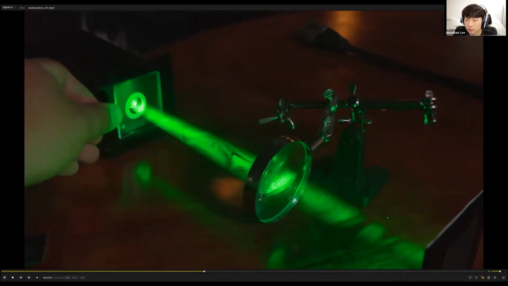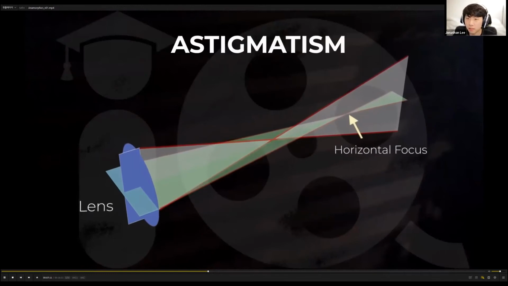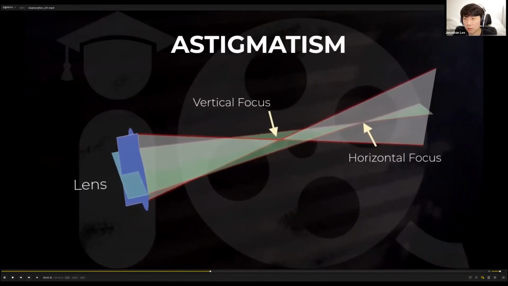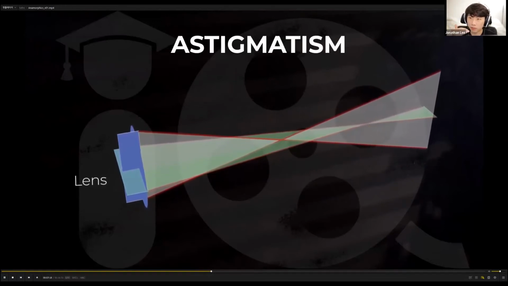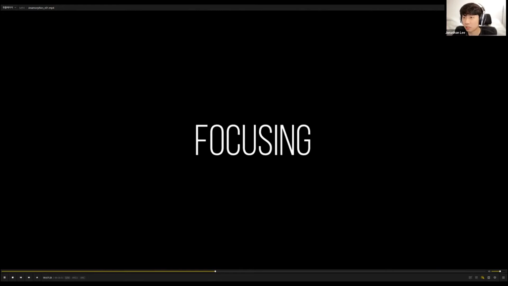What this causes is astigmatism, which is basically a misalignment of the focus between horizontal and vertical. So you're trying to focus the horizontal, but then the vertical is being offset, and your image will never look as sharp or in focus.